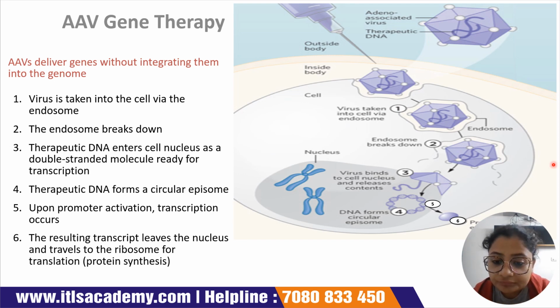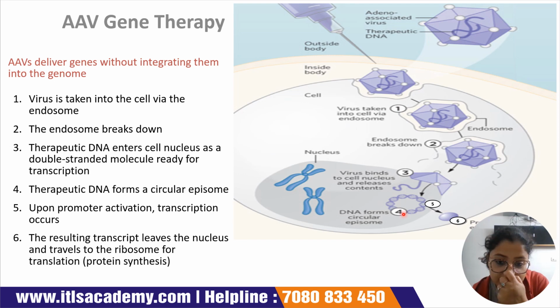Gradually this endosome, after successful incorporation inside the cell, will slowly dissociate or break down. After that, from inside that virus, the nuclear contents will start to come outside from the virus particle.